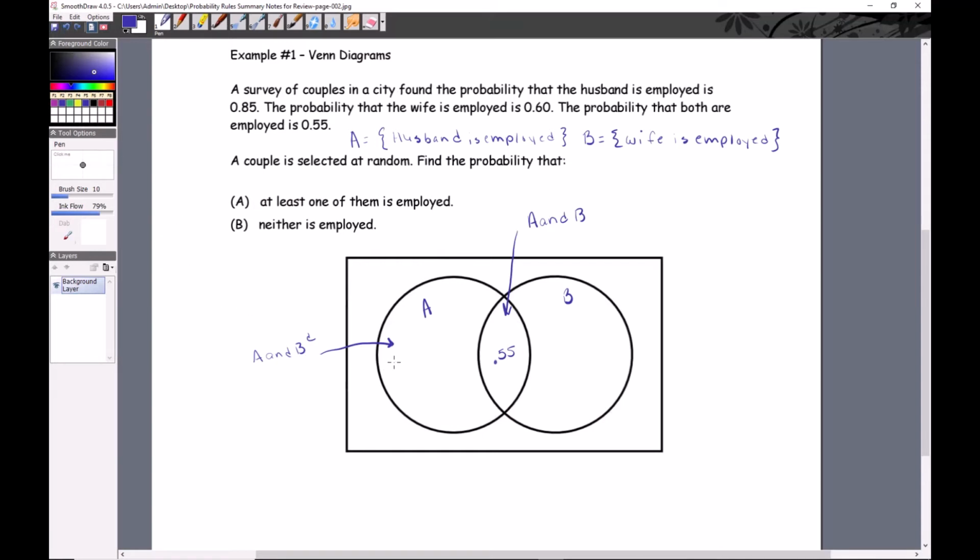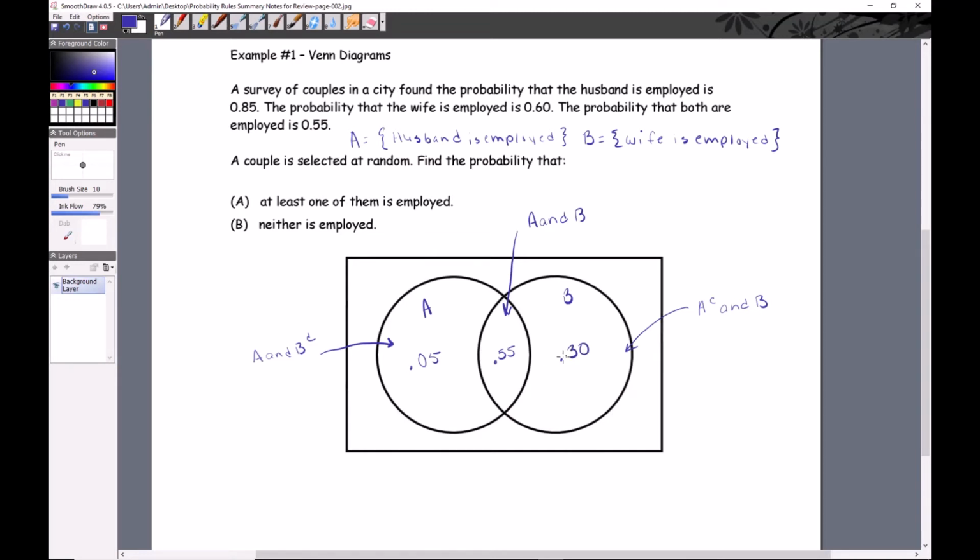All right, so 0.05. The whole thing is 0.6, but the wife alone without the husband is 0.05. And then over here, the entire circle for the husband is 0.85. We know that part of that is him working when his wife is working. We just want to know what it is when the wife isn't working, the husband alone. So that'll be 0.85 minus 0.55, which is 0.3.